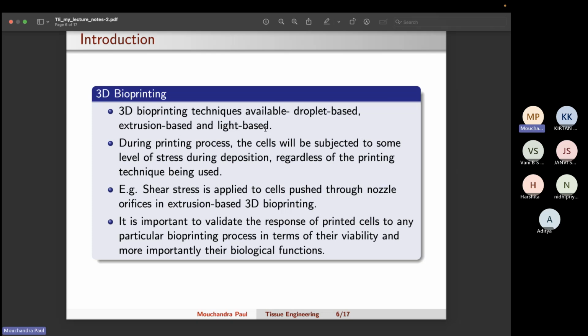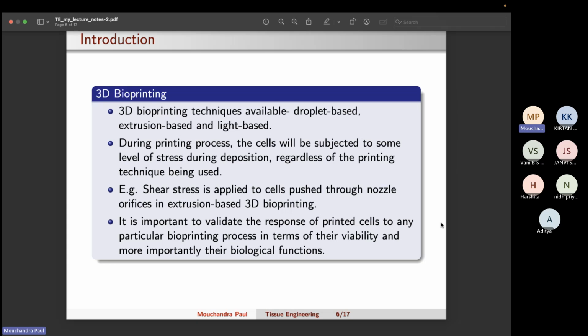So in all of these 3D bioprinting techniques, the cells are being used, cells are living material, right? So cells experience some kind of stress, okay? Whether you do drop by drop, or line by line, or you irradiate some light, in all these processes, cells that are in the bioink or in your material experience some stress. So because of this stress, their viability often reduces. All right.